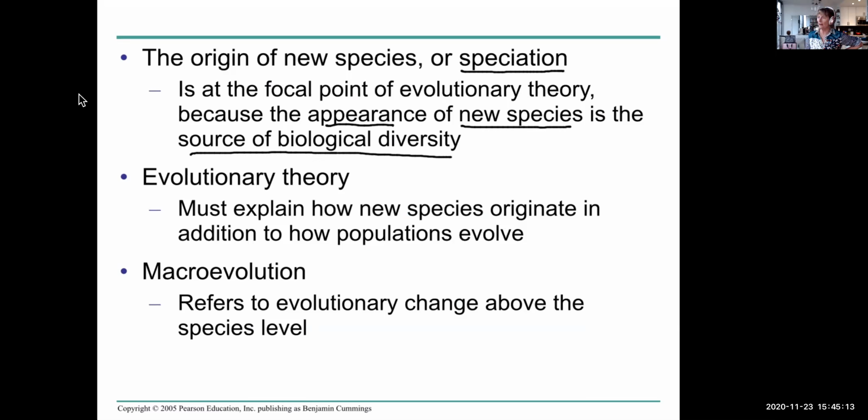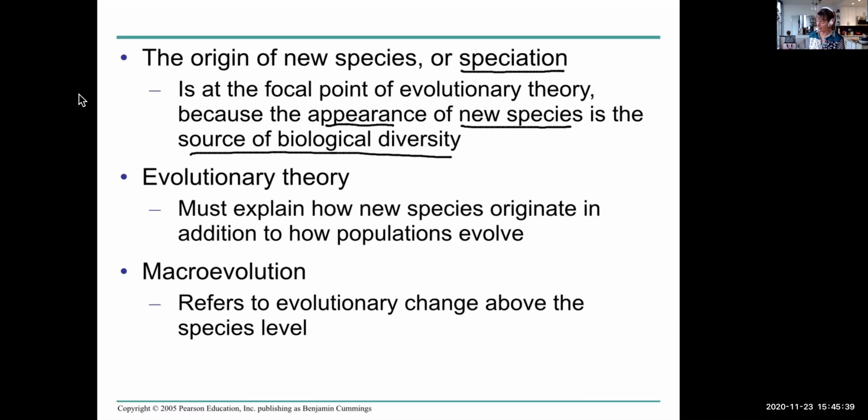The number of species on Earth today is estimated to be, who knows? I think the described species, actually discovered and described, may be about 1.8 million. But it's estimated that there could be 10 to 100 million species or something like that. A lot of them have not been discovered.